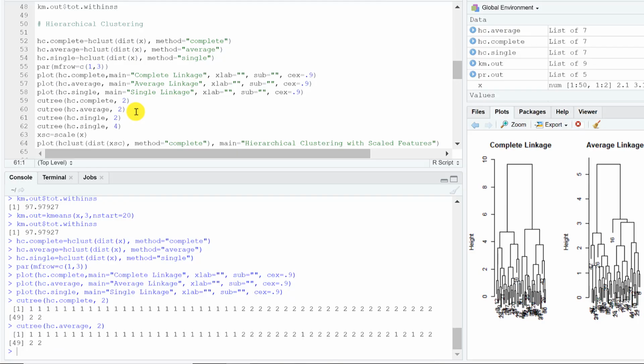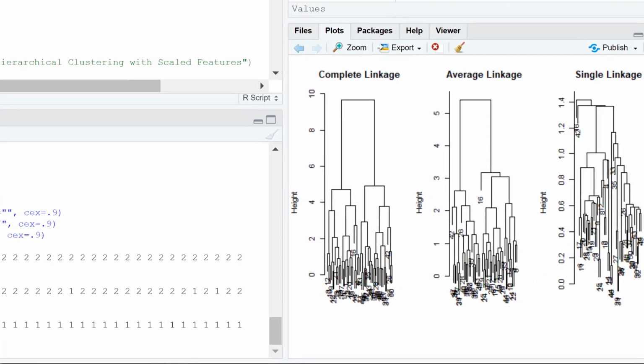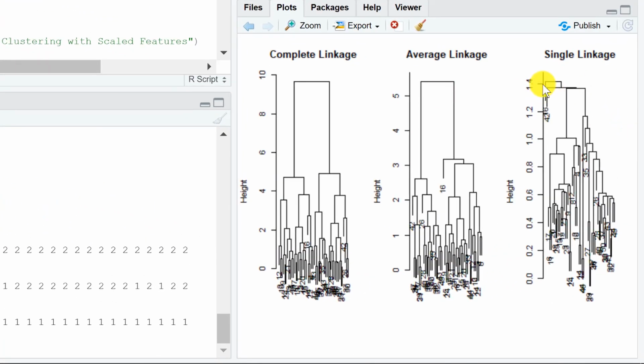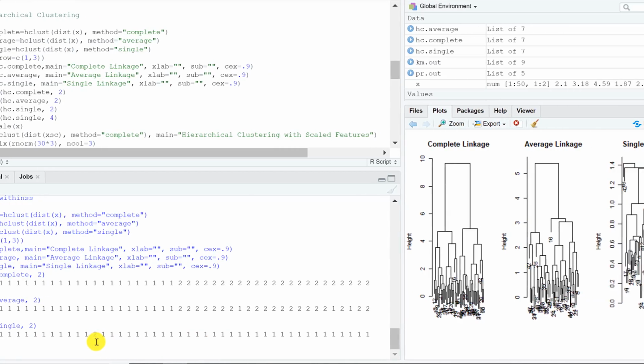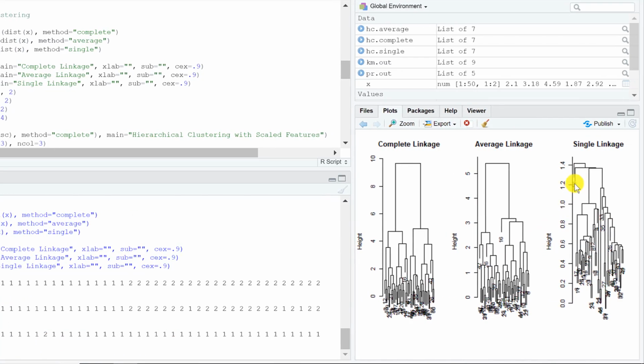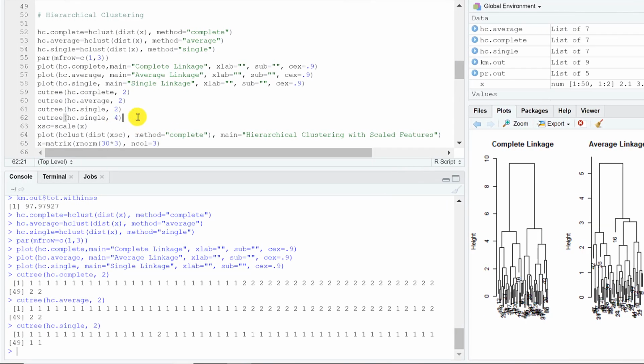We cut the single linkage tree where it has 2 branches, which is up here. 1 branch has everything, the other branch has just 1 data point in it, and that's where we get everything except for that 1 is called a 1, and then the 2 is, I think it was, looks like maybe index 16 on that point.